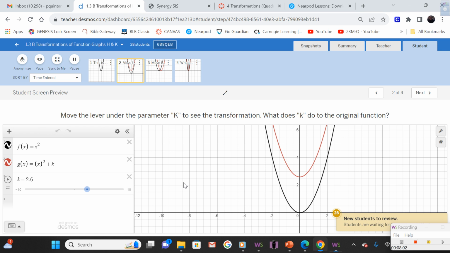So you moved it either to a positive value, yes. You moved it to a negative value, yes. How about moving it to 0? Change k to 0, see what happens. Tell your neighbor what happens when it's 0.